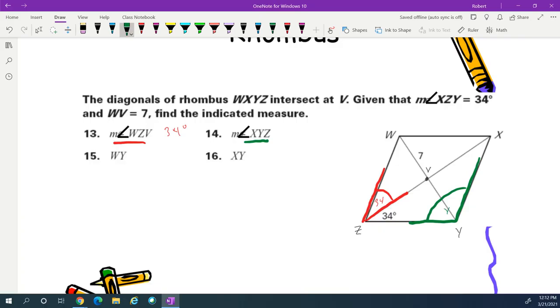So we've got the one angle made up of 34 plus 34, and then the angle that we're looking for, angle XYZ, and that has to equal 180. So we can find out that our missing angle is 112.